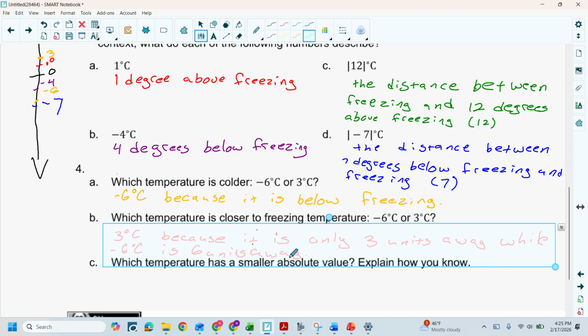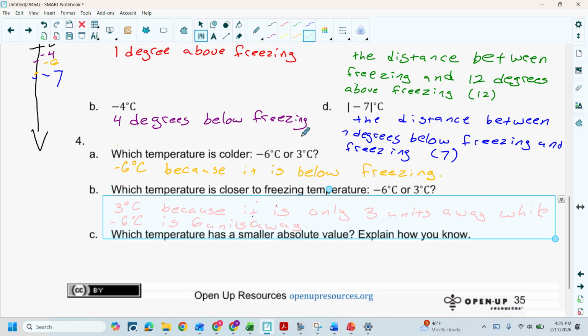And so, which has a smaller absolute value?